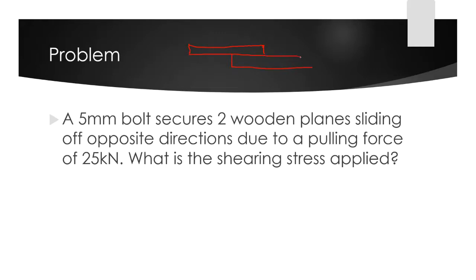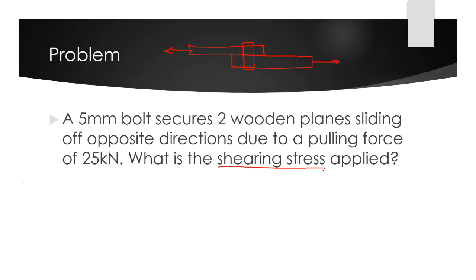So let's say this is the bolt that is attached to the plane, and there is an opposite force that is acting on the plane. So kailangan nato makita ang shearing stress applied.